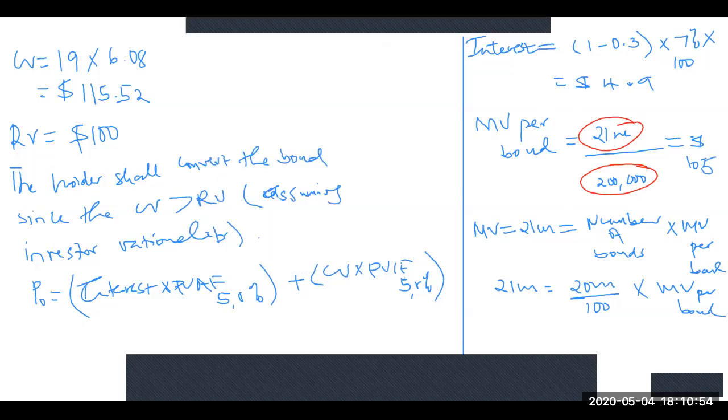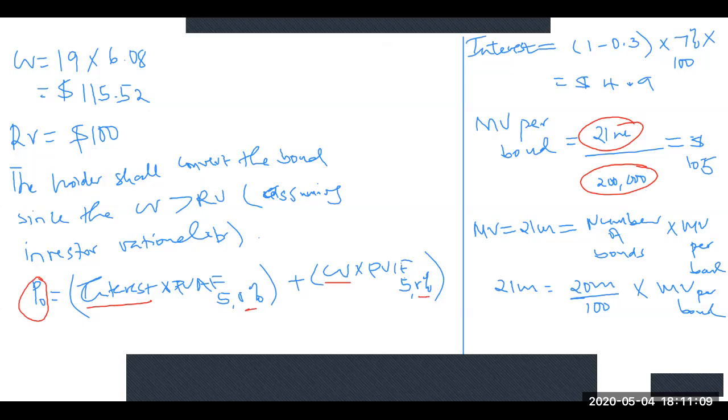Now having done that, we have the market value, and don't forget this is our P naught here. Now we have the interest and the conversion value, and we can estimate our R, which was the main objective.